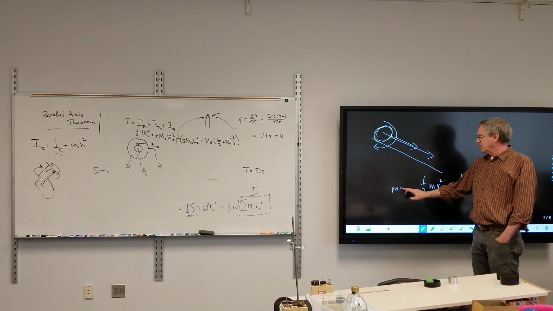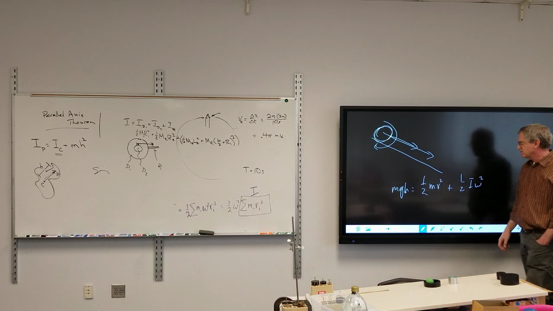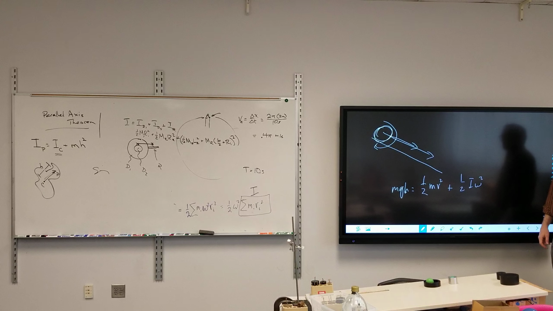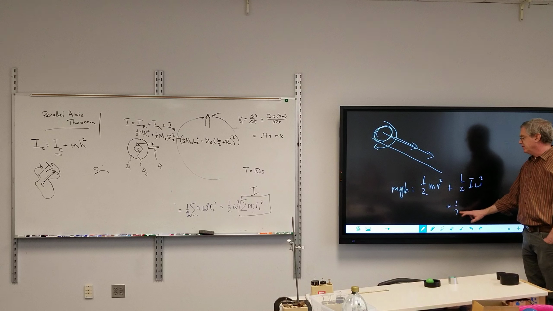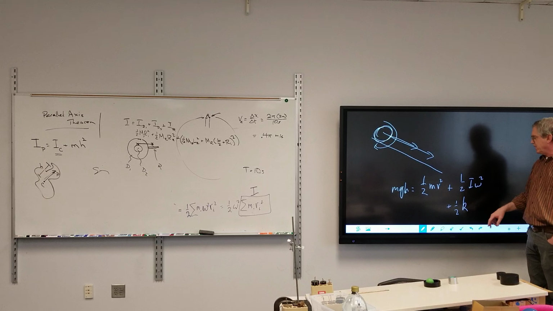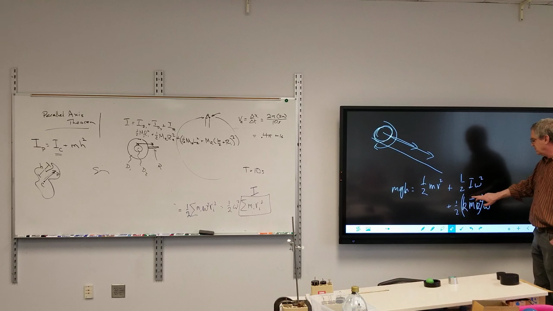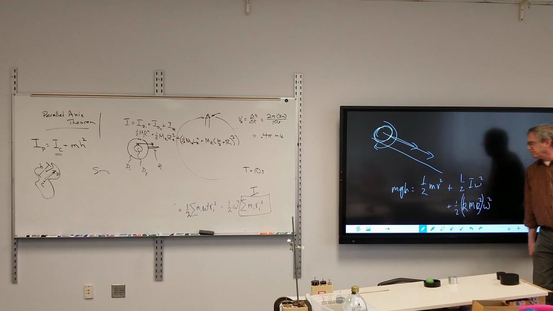Let's go ahead and do it. mgh equals 1/2 mv squared plus, I know that my moment of inertia is going to be some fraction times mr squared. So this is plus 1/2, some fraction, I'll just use the lowercase k, times mr squared omega squared.